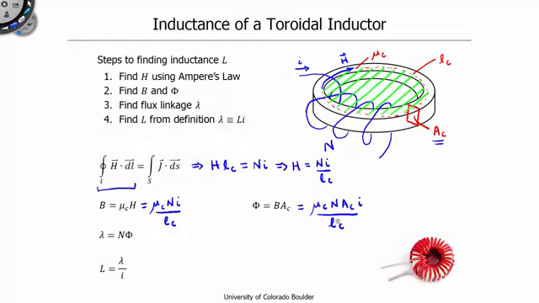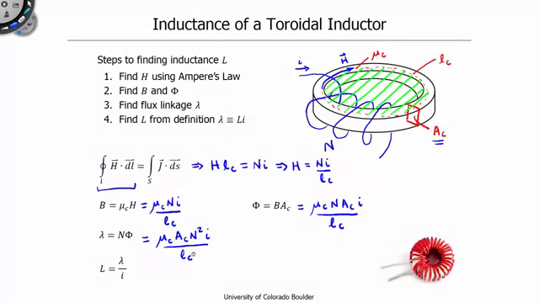Recall that flux linkage has to take into account how many times the total flux cuts back through the surface, or if you think of the surface as the full surface that is suspended by this coil, then really lambda, the flux linkage, is N times the flux that we just computed, and therefore lambda is then equal to mu c AC N squared I over Lc.